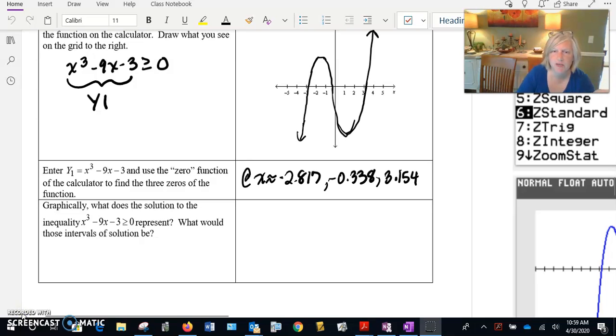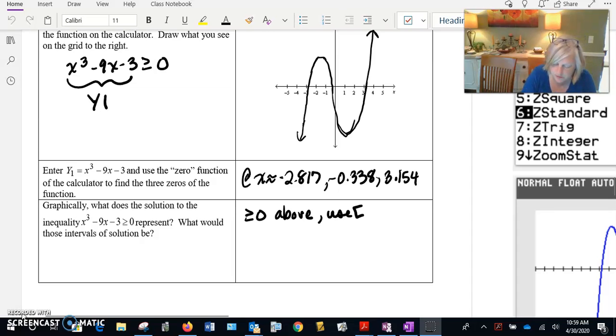So here's the graph that we came up with. There's the 3 values that you've done second calc zero for. And so basically all we're going to do now is find our solution. And so what we're looking at, we want greater than or equal to 0, which means we want the above, and we want to use brackets.